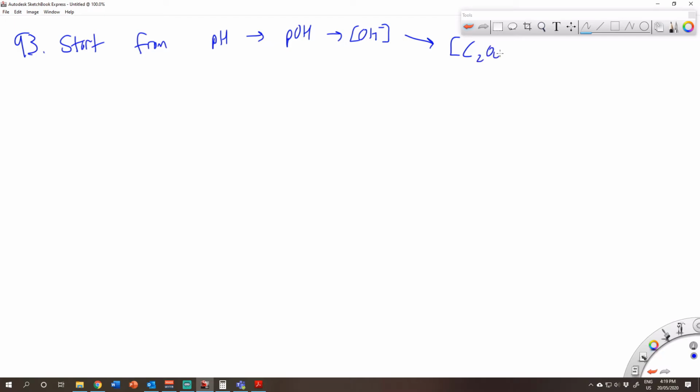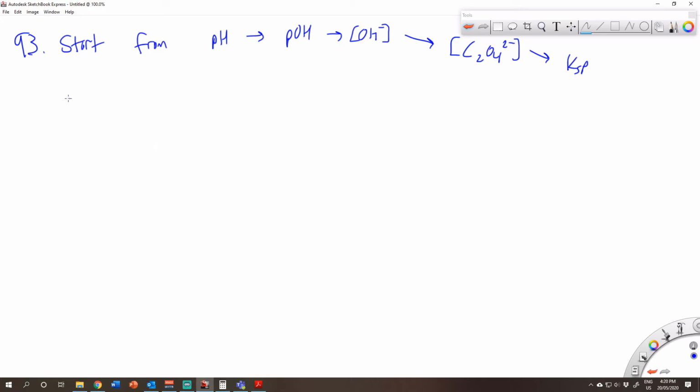We're going to start at the pH, use the pH to find pOH, use pOH to find the concentration of OH minus, and from that, we're going to find the concentration of C2O4 2 minus, and from that, we'll find the KSP of Na2C2O4. All right, let's get started.